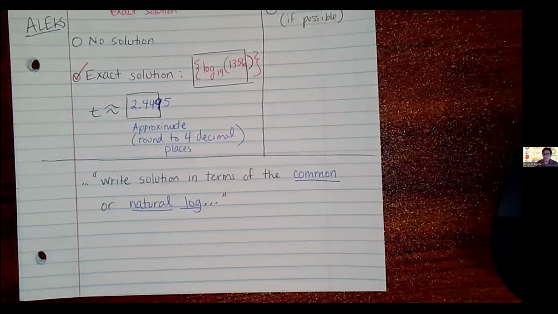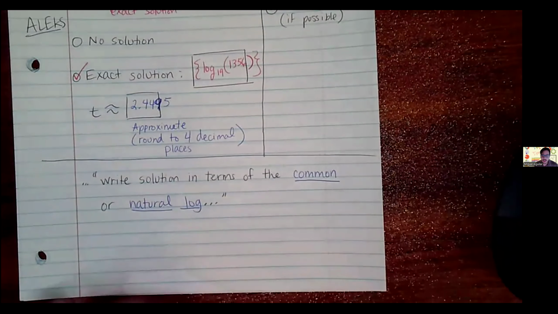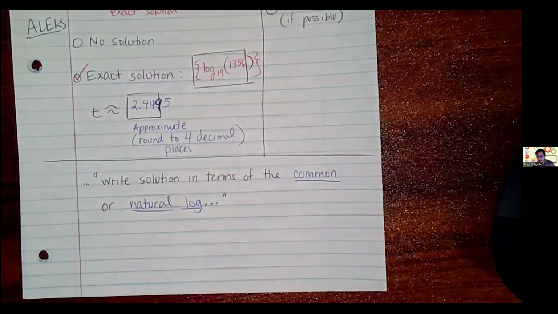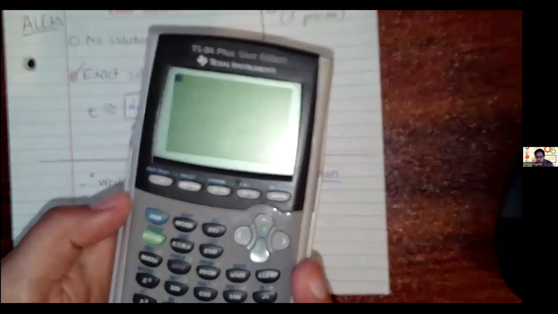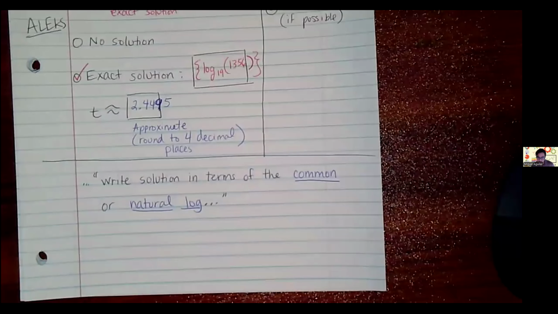This is a little bit annoying to me because Alex is an online homework platform and it should understand that you guys have these fancy calculators, the TI-84 or possibly a TI-84 CE plus.